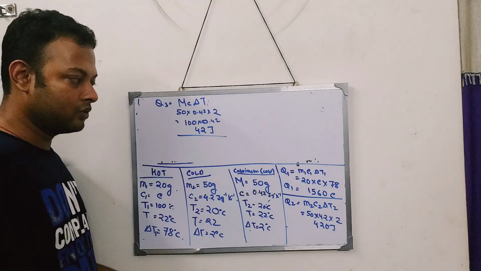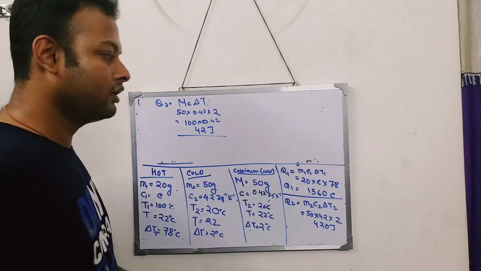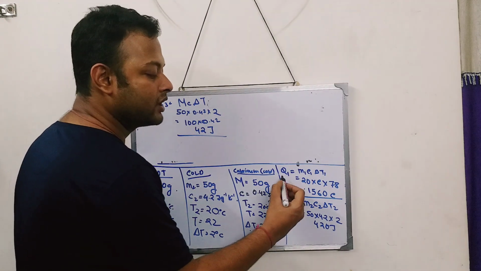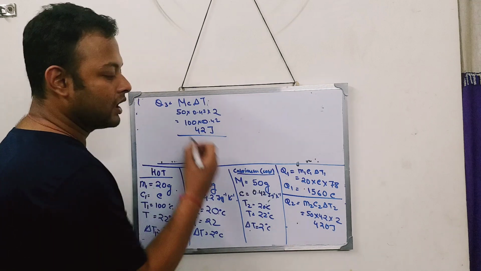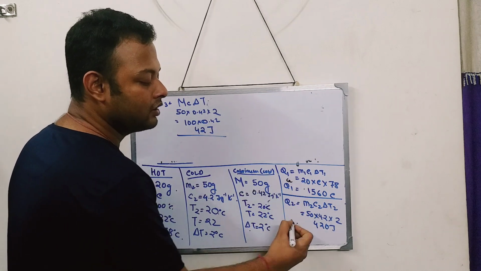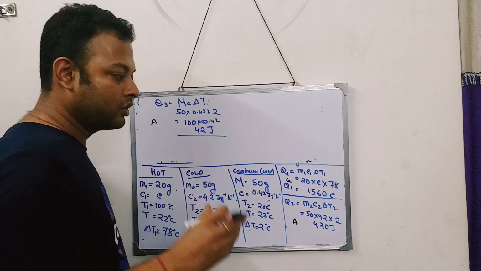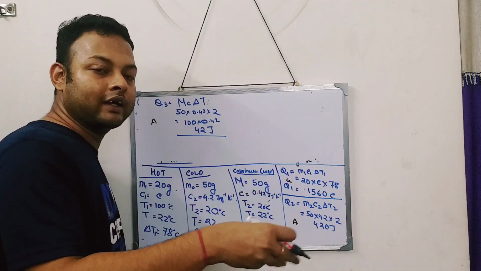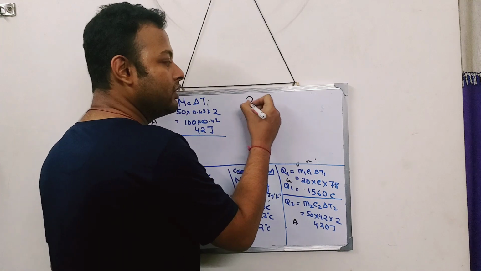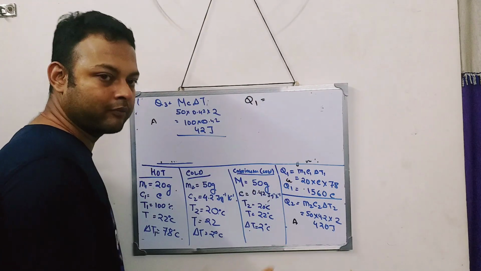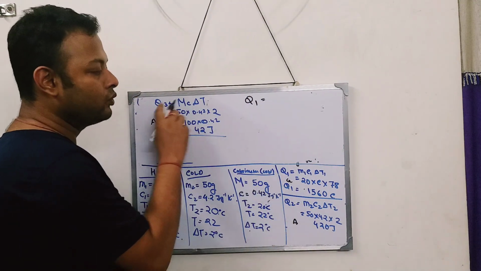I hope you understood. So Q1 is the heat given, and Q2 and Q3 are the heat absorbed. As I put the hot body into the water and the calorimeter, the hot body will give heat.